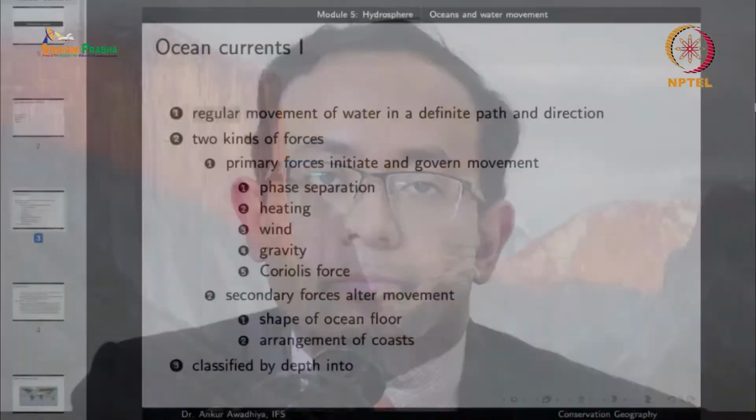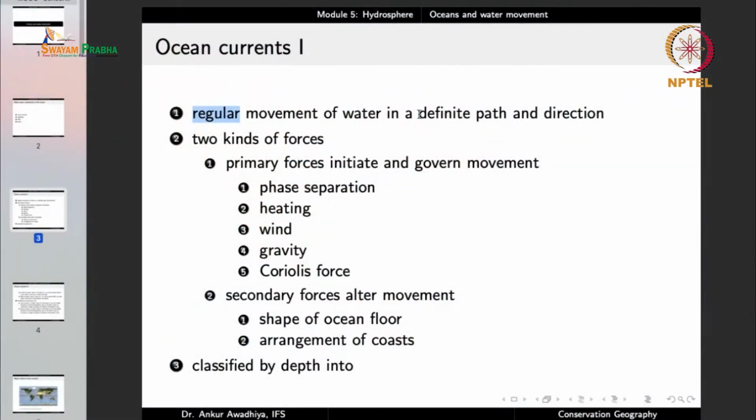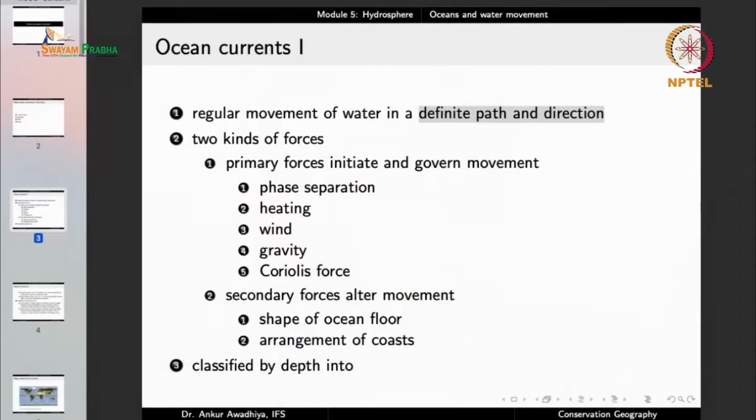It is a regular continuous movement of water in a definite path and direction. So when we talk about ocean currents, we can tell the exact path and exact direction that water takes when it moves in the form of a current.